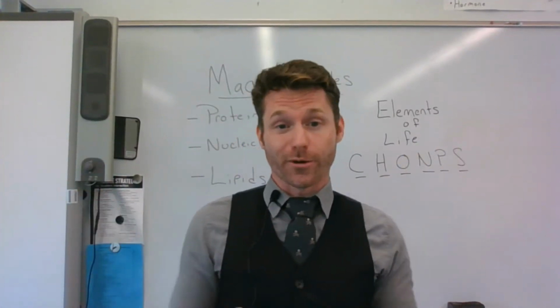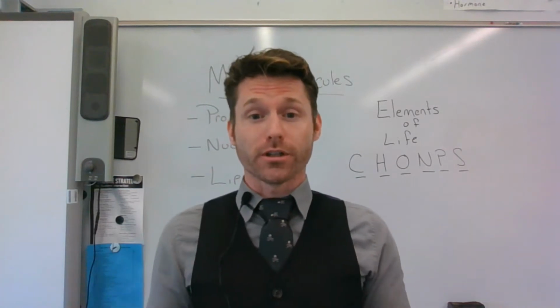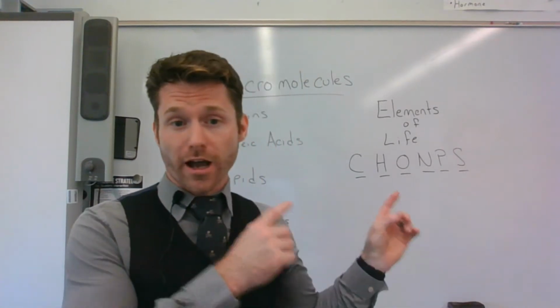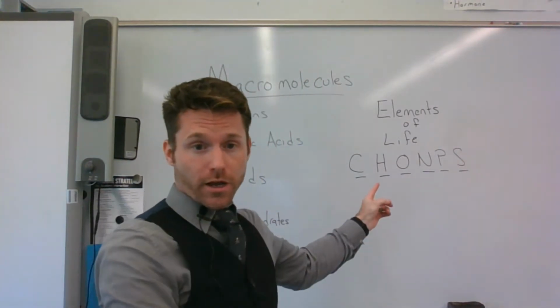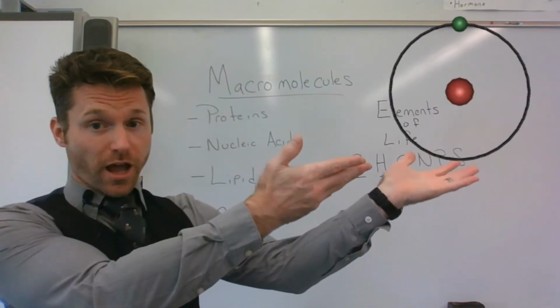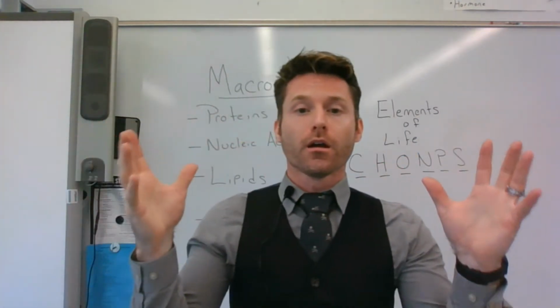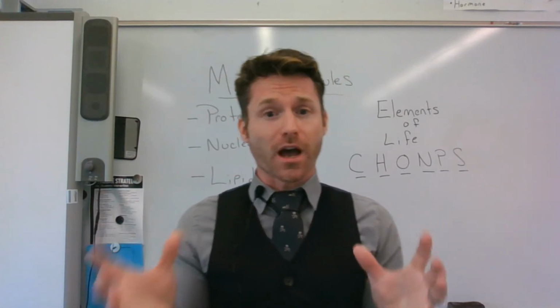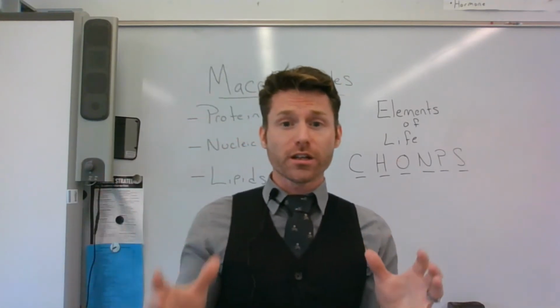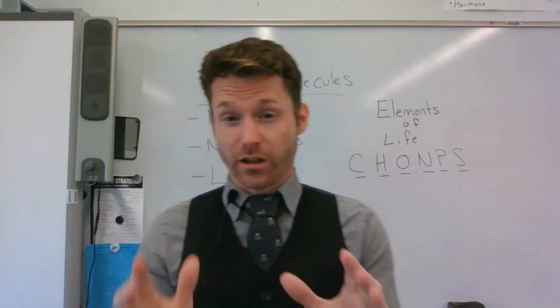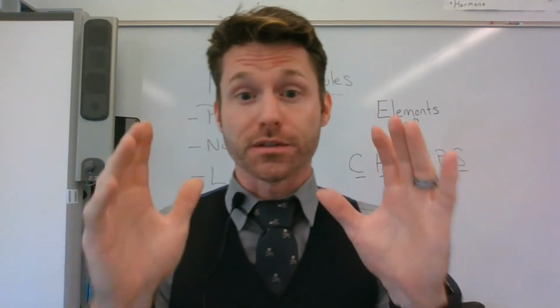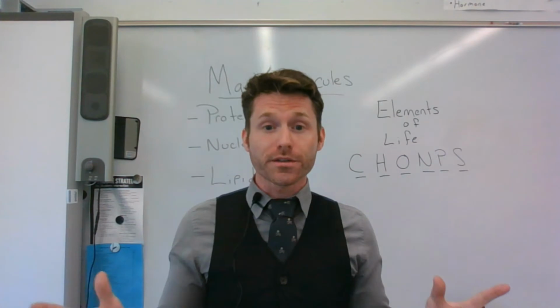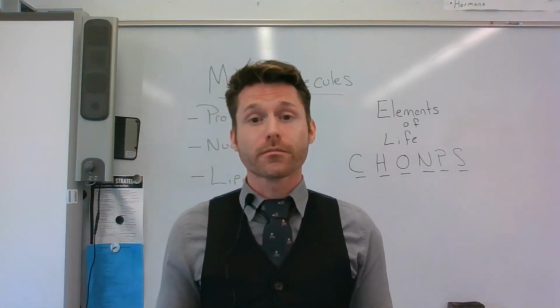So here we are again, and I am now going to give you a brief introduction to hydrogen. Okay. The most important thing about hydrogen is its size, because it's really, really small. It's the smallest of all elements.